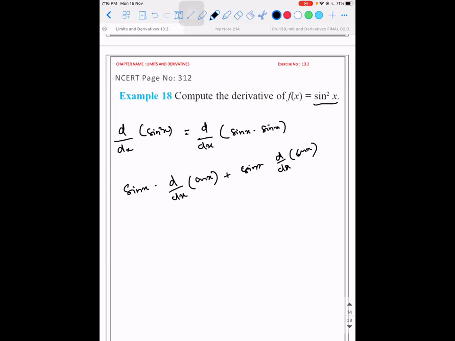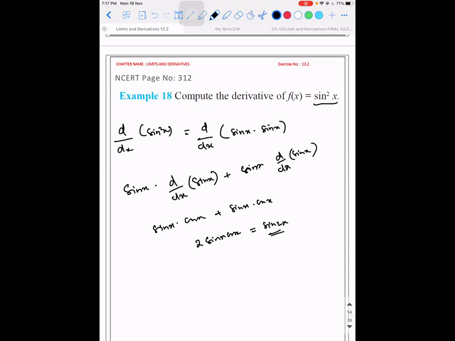So you will get derivative of sin x here, and here also derivative of sin x. So sin x into cos x plus sin x into cos x. So it will be 2 times sin x cos x, which is nothing but sin 2x.